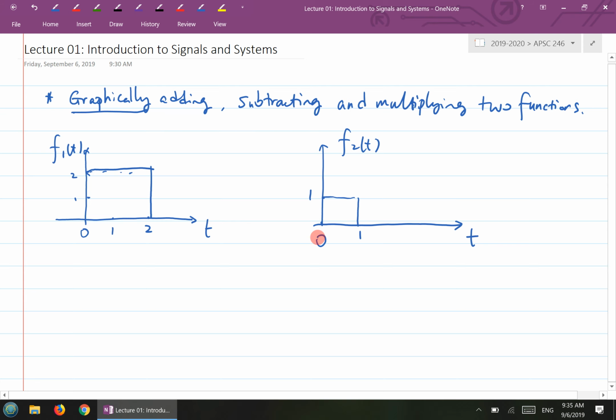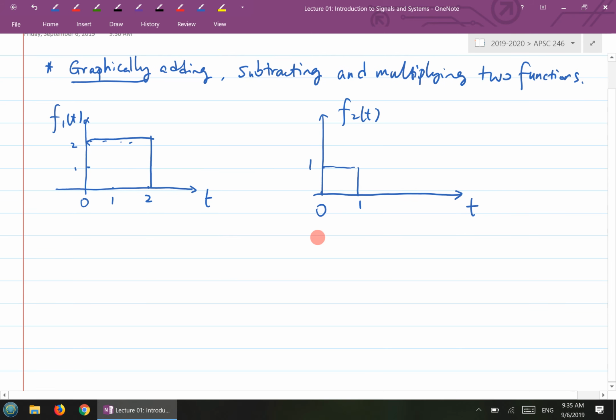Now what we want is to calculate f1 of t plus f2 of t, or f1 of t minus f2 of t, or f1 of t times f2 of t.